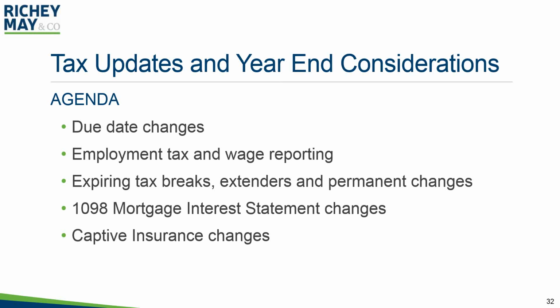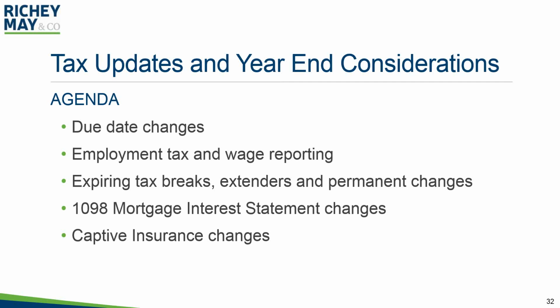I want to cover stuff that most of you are probably already aware of, but just want to mention it. The 1098 statements, I'm sure you're familiar with them. The first one that has these new boxes on them is form year 2016, so I want to mention that. And then there are some significant changes in the world of captive insurance.